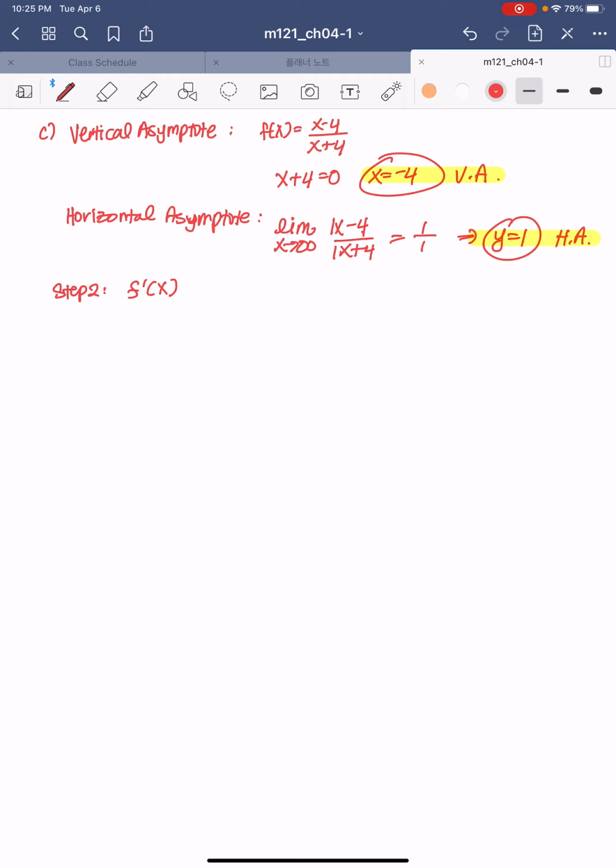So our original function right over here. I have to apply the quotient rule to find the first derivative. So that will be low d high: the derivative of x minus 4 is just 1, minus high d low: the derivative of the low is also just 1, all over the denominator squared.